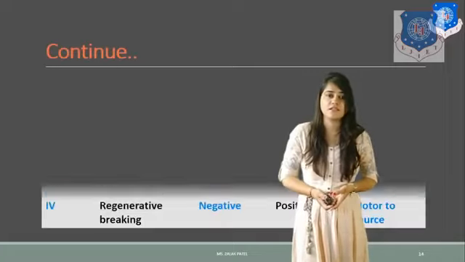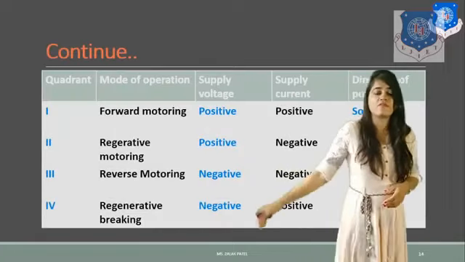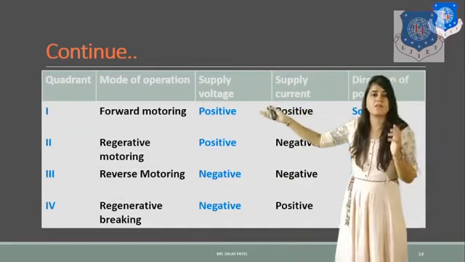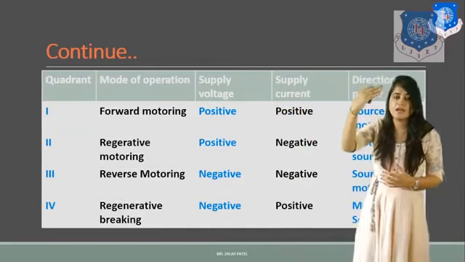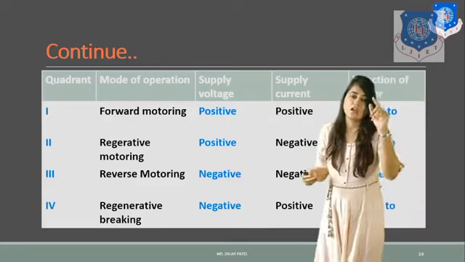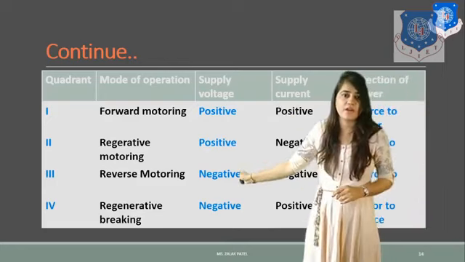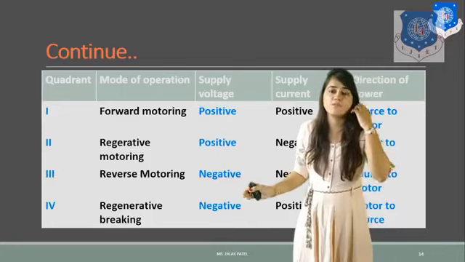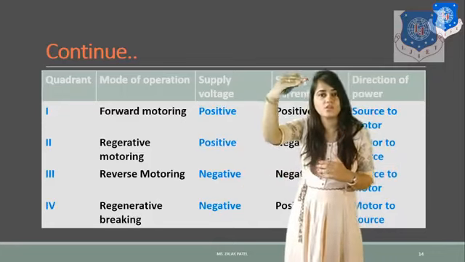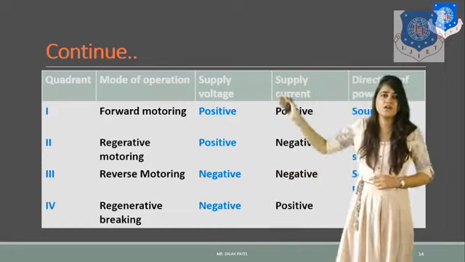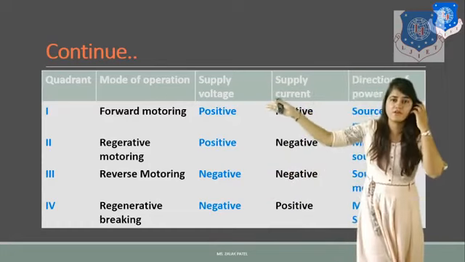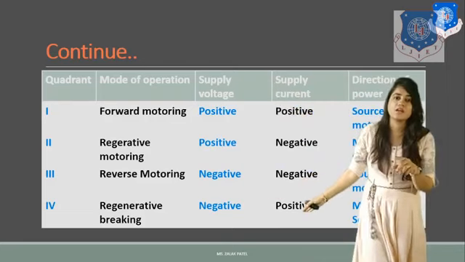So first let's see in the tabular manner. First, forward motor means the supply voltage is positive, means polarity is positive on the upper side and negative on the lower side. If you see this third quadrant operation, that is negative, means the polarity of voltage is negative on the upper side and positive on the lower side. That's why over here supply voltage is positive in the first case and negative in the third case.